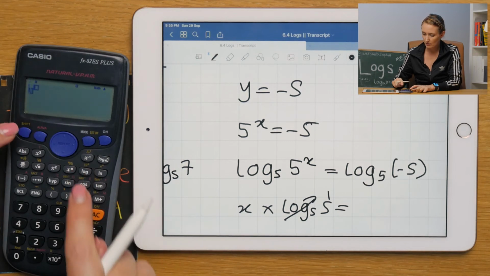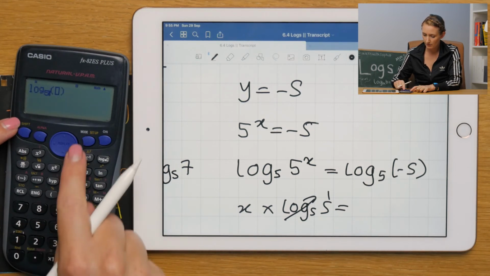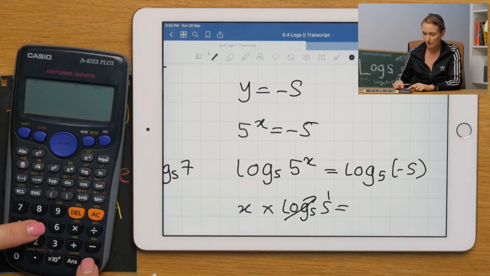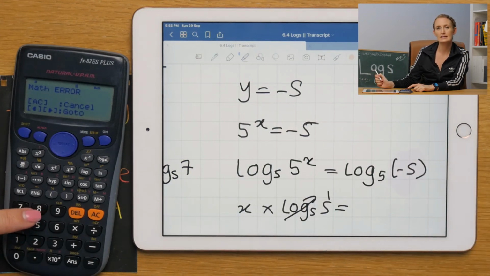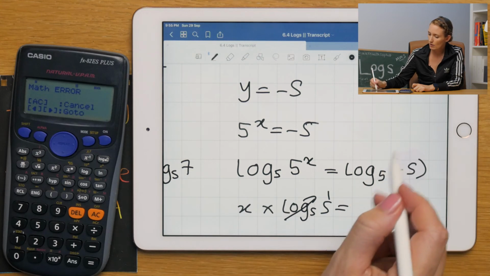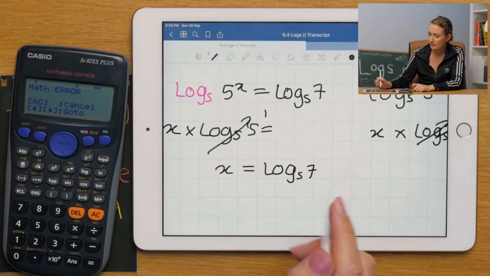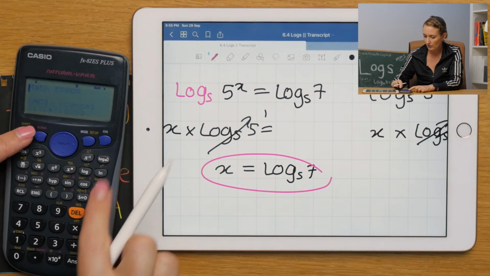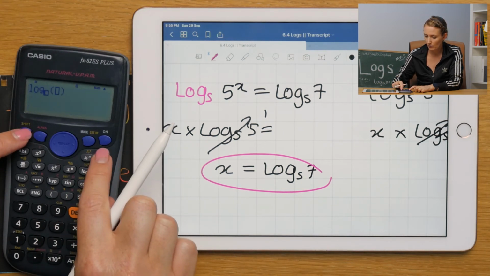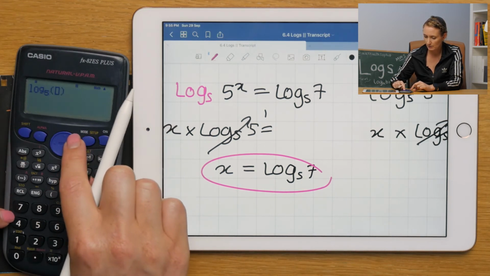If we try this, log 5 of minus 5, you're going to get a math error. You're not allowed to have a minus inside the brackets. So I want you to eliminate this answer. This is going to be our only answer. Depending on what the question says, you can type it in.